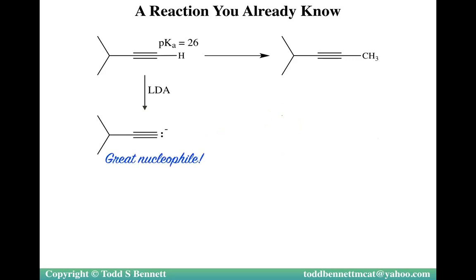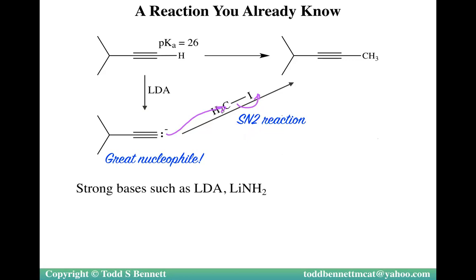So this great nucleophile can now attack, in this case, H3C, excuse me, it can attack that carbon and dislodge the I through an SN2 mechanism. So you end up with your final product.